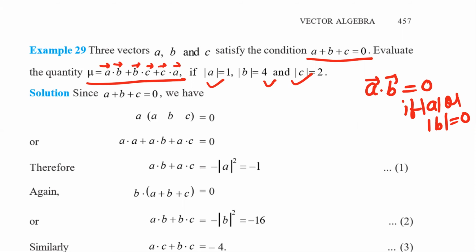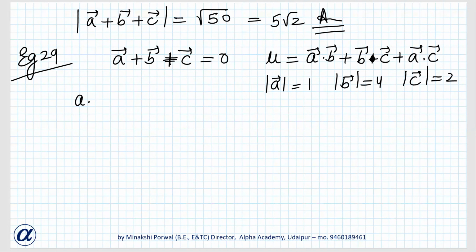So it is given that A plus B plus C is 0. So we can write A dot A plus B plus C is equal to 0. If the value of any factor is 0, then its dot product with anything else will be 0 only. So this is 0.